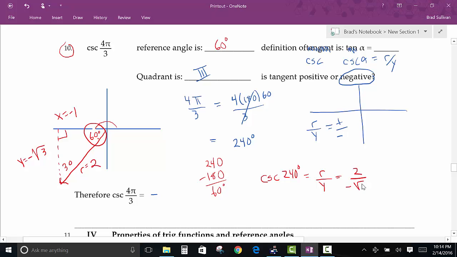Y is negative square root of 3. So we're going to get a negative answer. Then if we just rationalize the denominator, we're going to get 2 radical 3 over negative 3. And since it's a negative answer, the best way to write that is directly in front of the fraction bar, like that. And that would be your answer to your problem. Okay, so that's what you should have got.